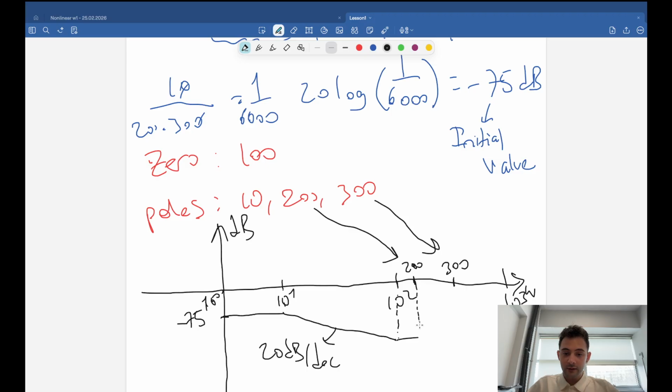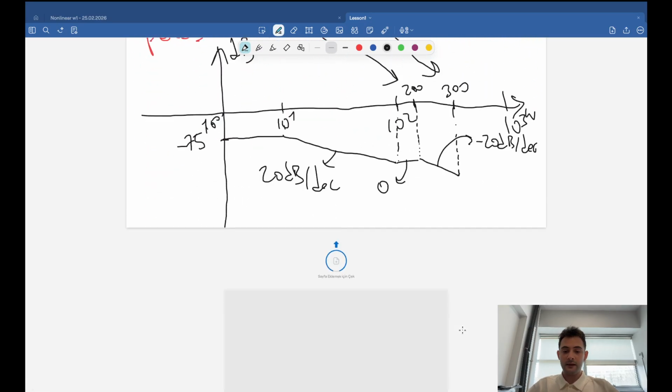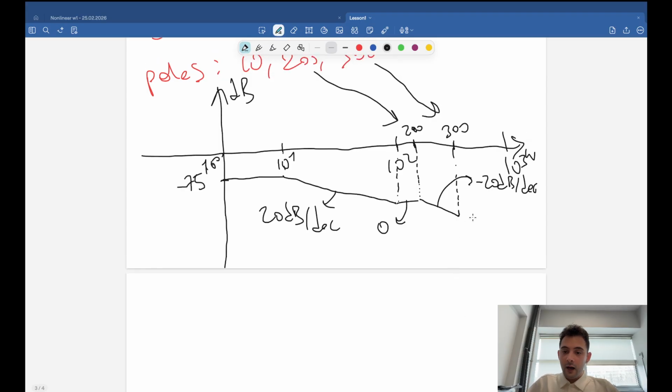At 200 we have a pole, right? So again we will go down until 300, and at 300 we will have one more pole. So here 0, here minus 20 decibels per decade. But be careful, at 300 we have one more pole. So let me have a space here. After that point it will go strictly down, with the value of minus 40 decibels per decade.